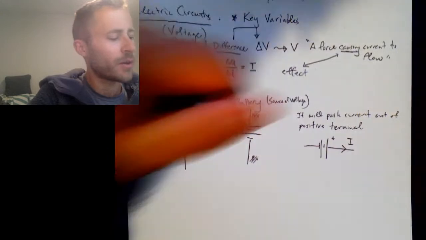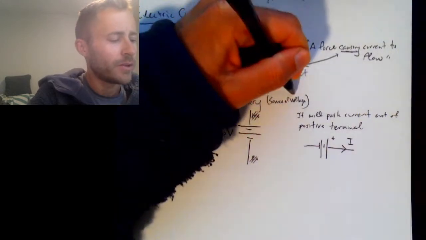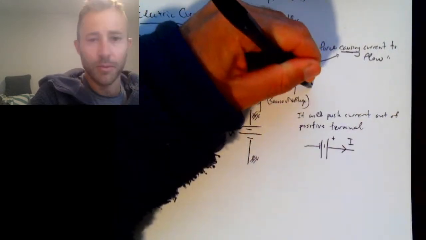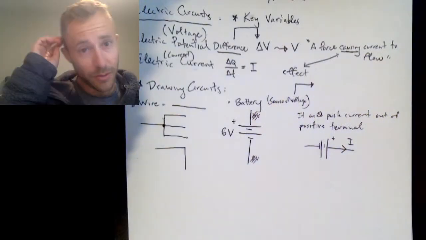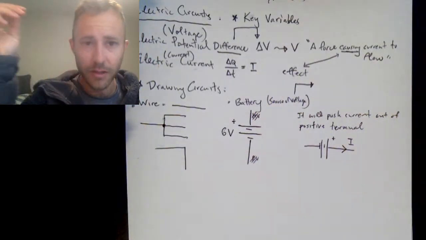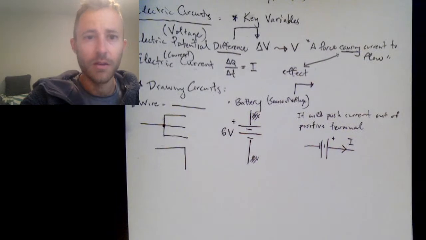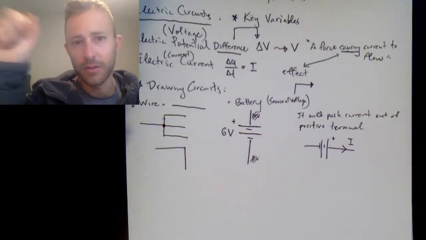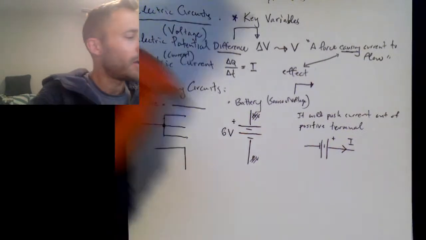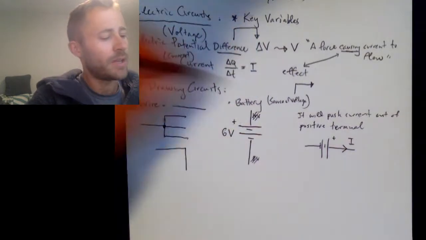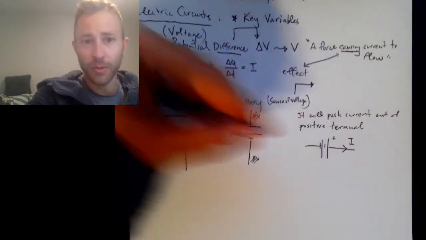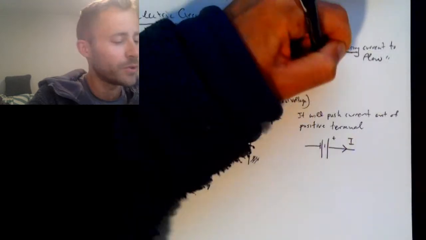Another thing I wanted to talk about is that batteries aren't always what provides the voltage. You could have different things providing the voltage, like a solar panel or a power outlet or things of that nature. And so in general, things that provide voltages are called voltage sources.